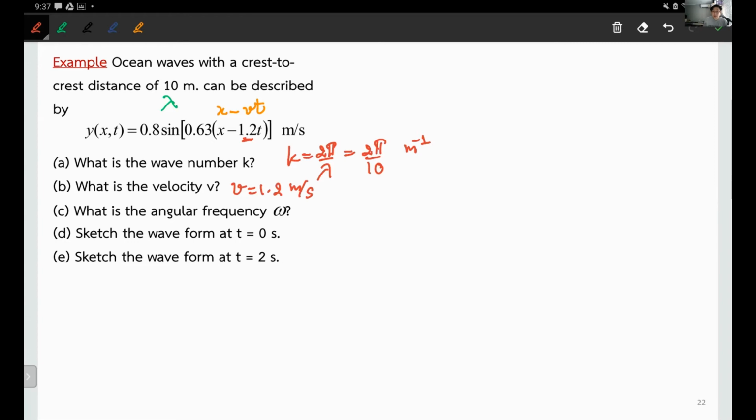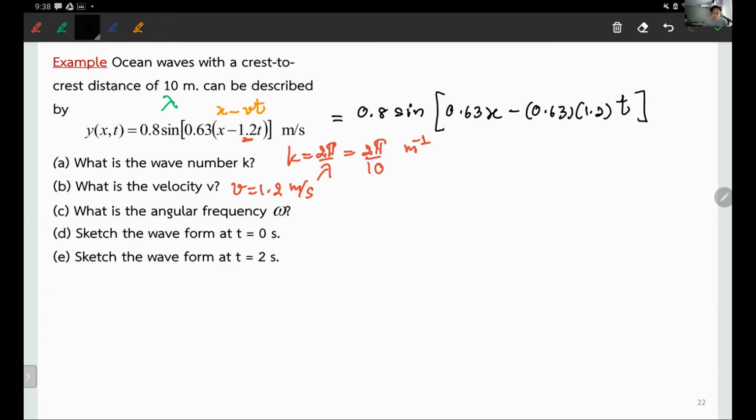Now, there are so many ways that you can get to the angular frequency, because the omega is the number in front of time. So actually what I can do is express this one out. Write it like this: sine 0.63 times x minus 0.63 times 1.2 t. You guys with me?